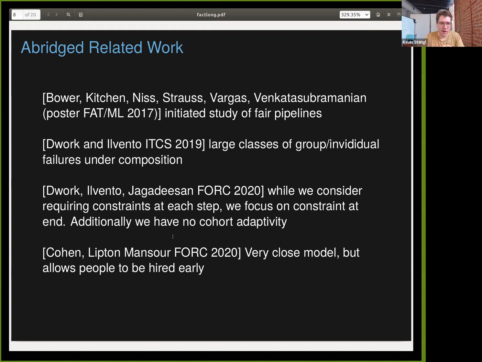And that's really not our setting. We don't have this adaptivity. We're thinking about one person showing up, there's this policy, and they get hired or not according to that policy, just based on their own test outcomes, not on other people around.